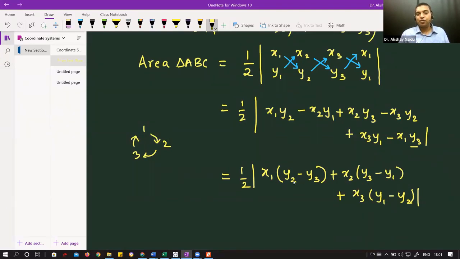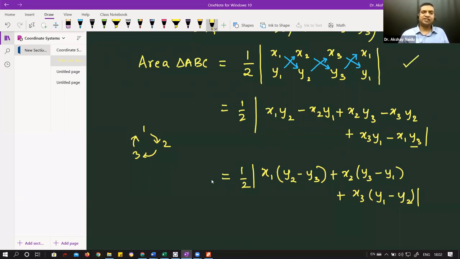Inside the bracket, after 2 comes 3, so instead of y2 you have y3, and instead of y3, after 3 comes 1, so it is y1. Then again x3, the next term in cyclic order. So you can either remember this way or that way. My suggestion is remember this way.